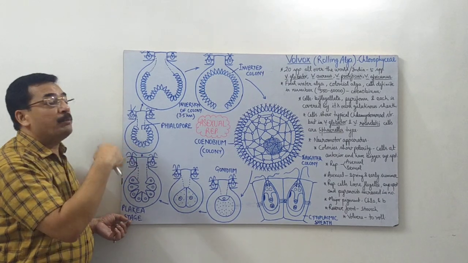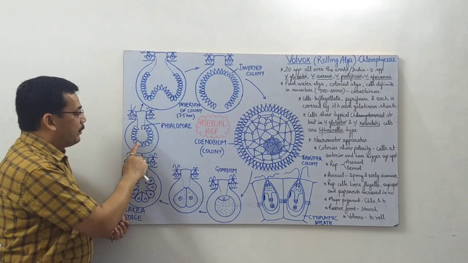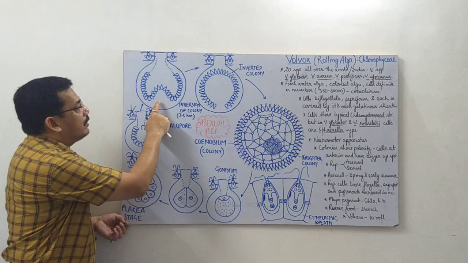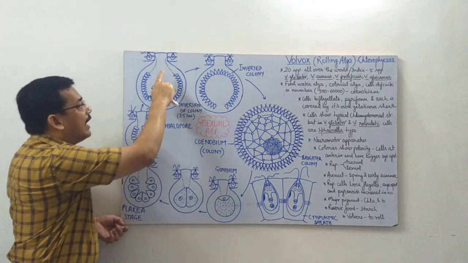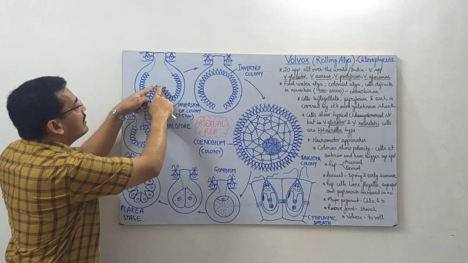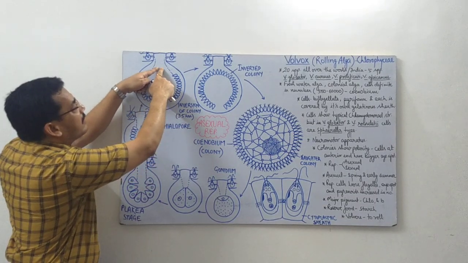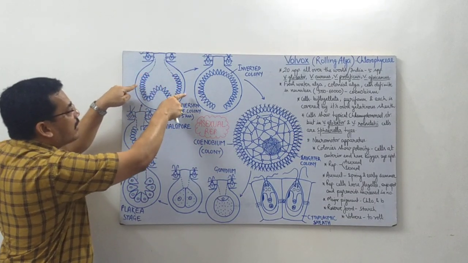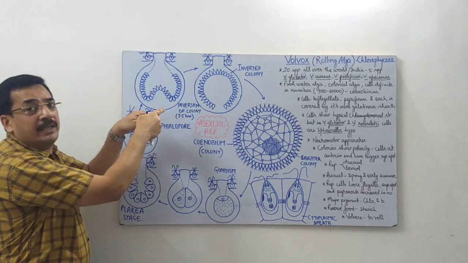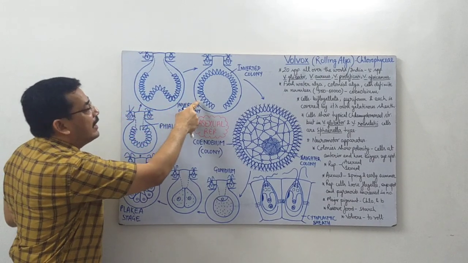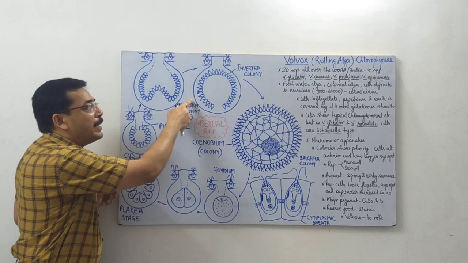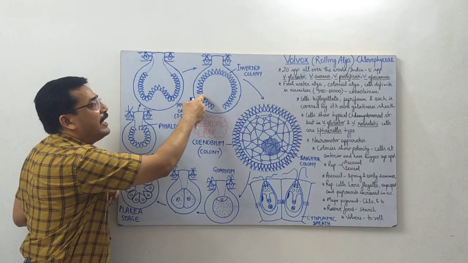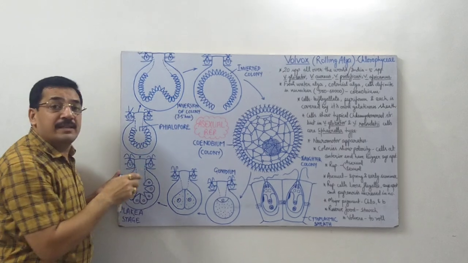So here an important phenomenon takes place. The cells start to grow towards the outer side, and ultimately these cells come to this side, and this whole structure is inverted, so that the anterior ends of the cells now face towards the periphery and the posterior ends now face towards the center.